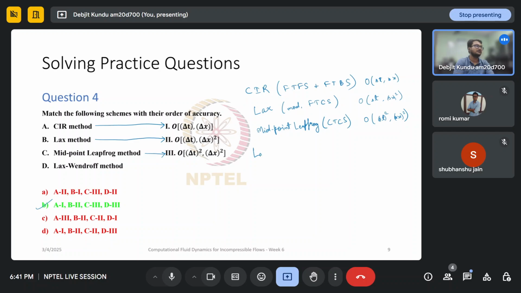And Lax-Wendroff method comes from both the equation as well as manipulation of Taylor series. So there's a bit of clever algebra there. So this also turns out that the order of accuracy of this is second order in time as well as second order in space.